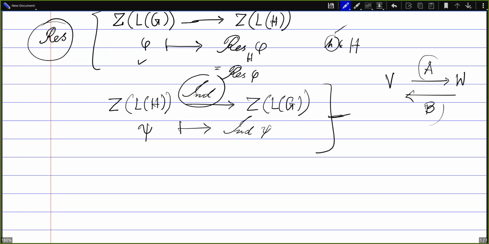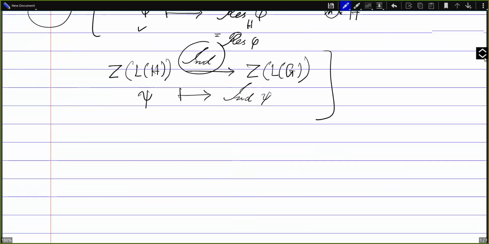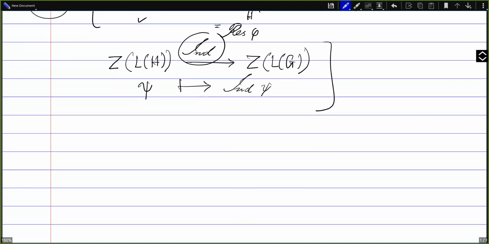But as I said, you don't have to bother about what that means in linear algebra. This is just to tell you that the terminology has been taken from some more general language. Here what adjointness means is precisely the Frobenius reciprocity formula that I am going to write now.